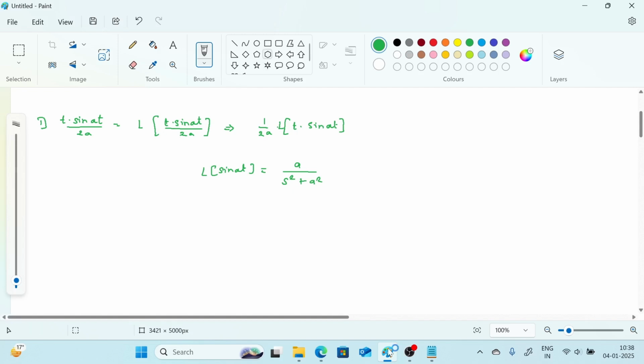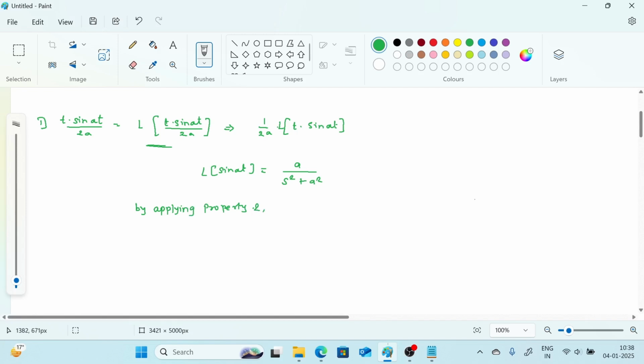We have to find the Laplace for this term. So what I will do is apply property 2.